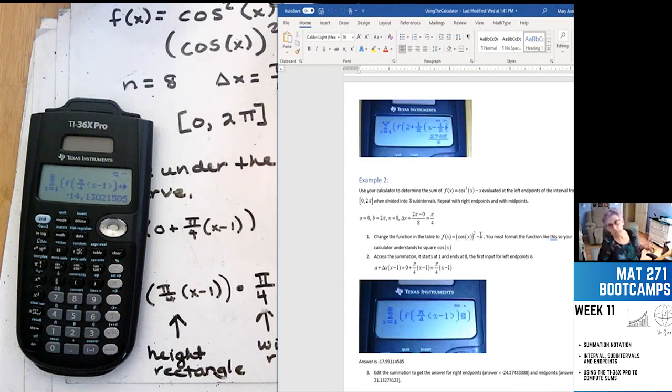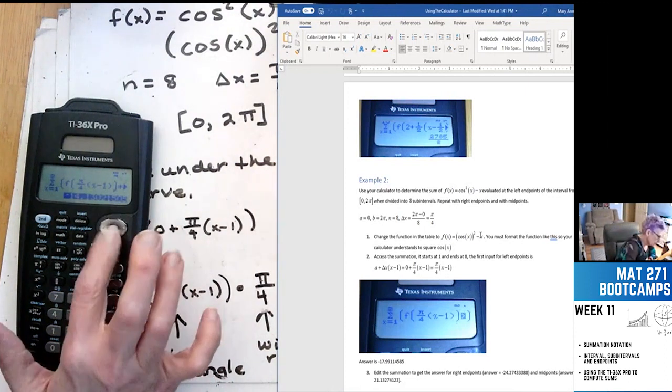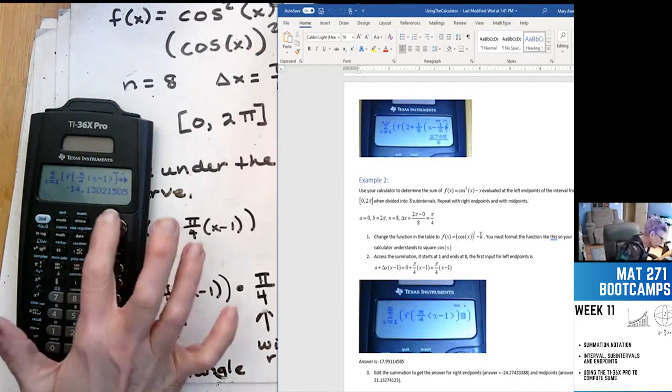Easy enough to go back and estimate it with midpoints. I get a syntax error. How many parentheses do you have after the minus 1? Let's see.